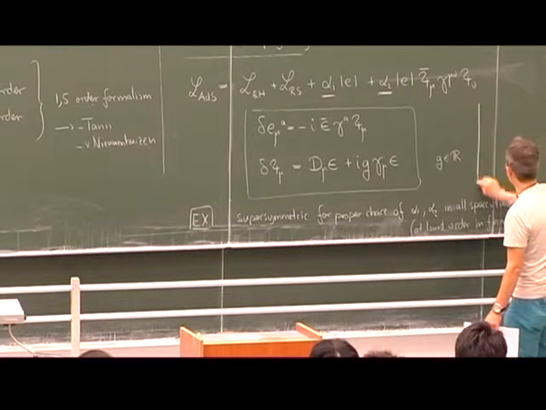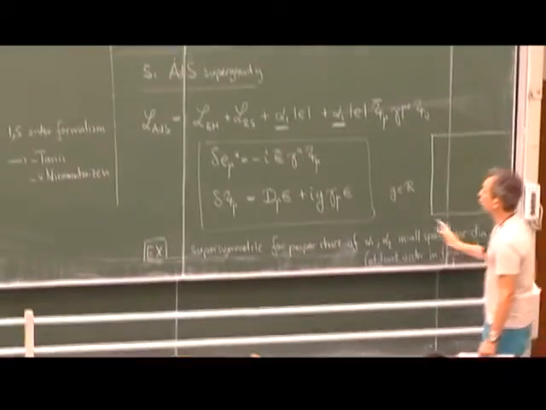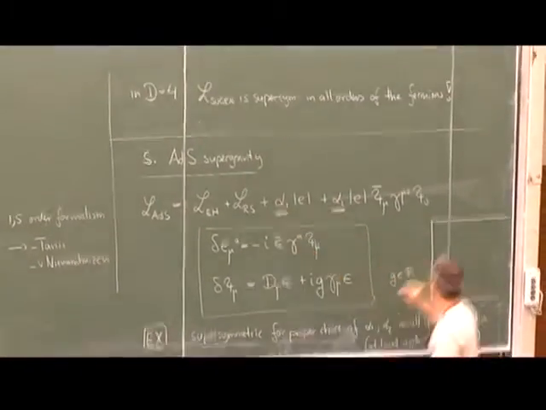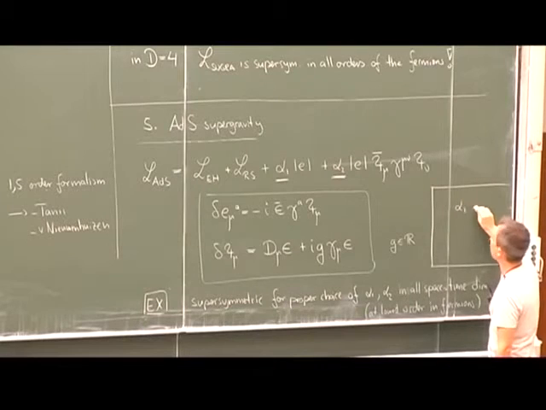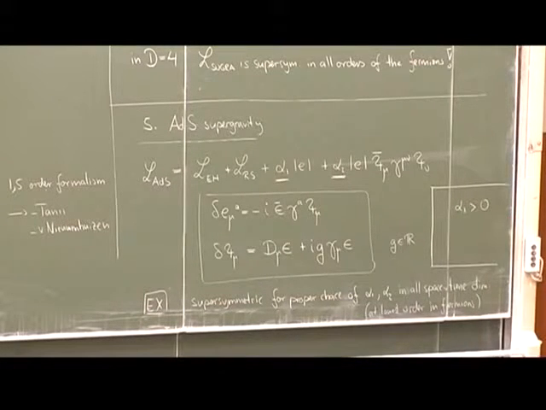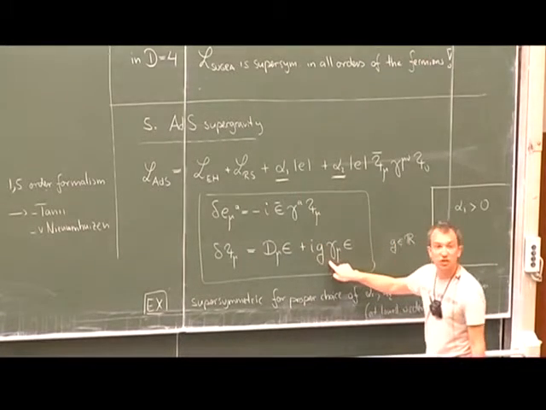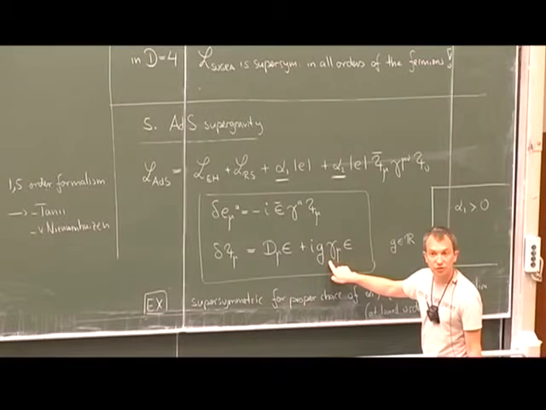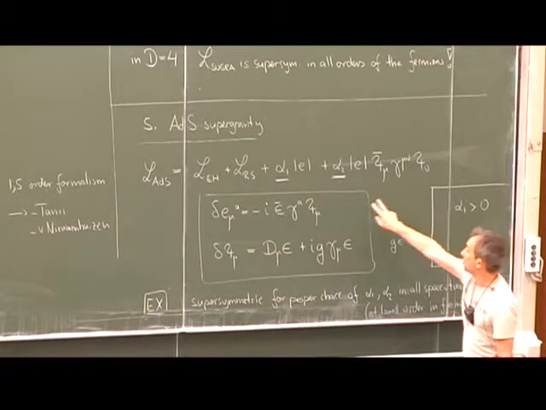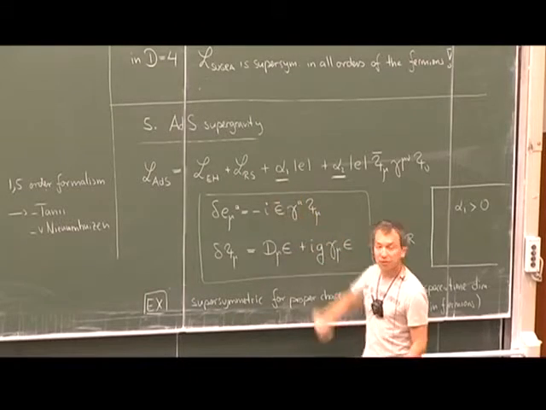And one thing you will find here is that it works, but the value you will find for this constant alpha 1 will be positive. Roughly, alpha 1 will be something like g squared. And since g is real, there's a definite sign of the cosmological constant.